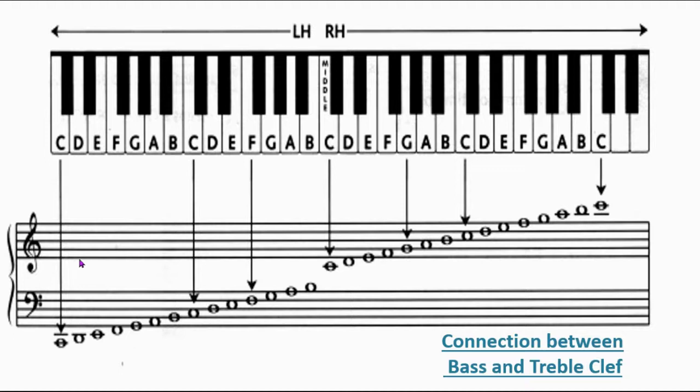Now this is the connection between the bass and treble clef. If you see, it looks like this scale is an infinite movement between the notes, step by step. And this is true if the keyboard were longer, right? So actually the keyboard is longer.